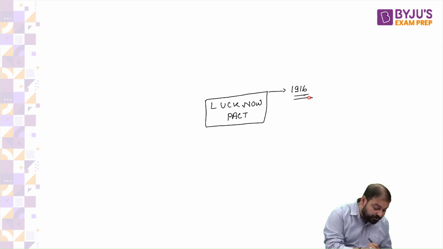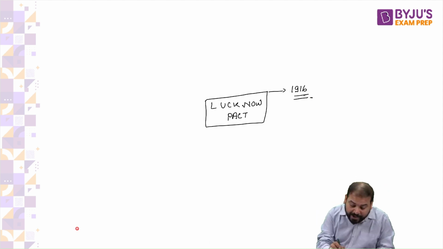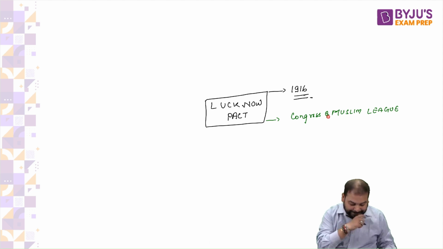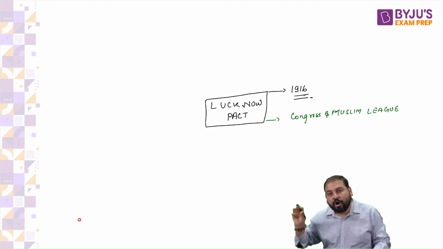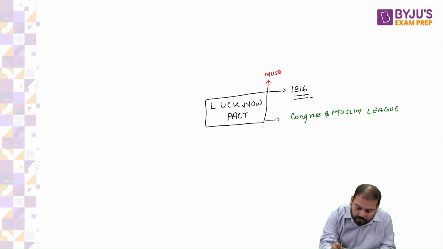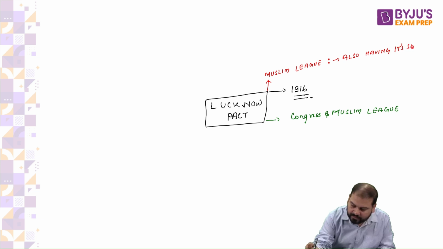Now, you will ask me, what is this pact? This is a pact between Congress and Muslim League. That means Congress was having a session in Lucknow. At the same time, Muslim League was also having its session in Lucknow.